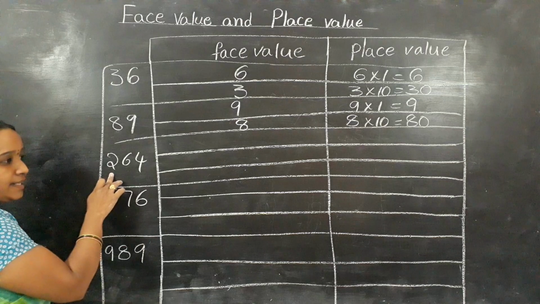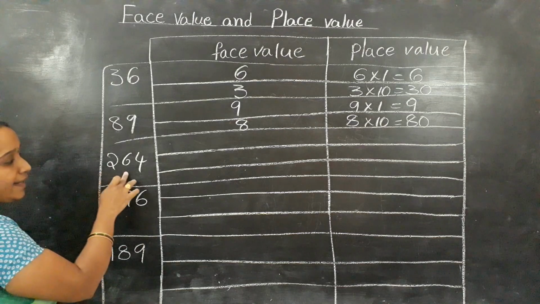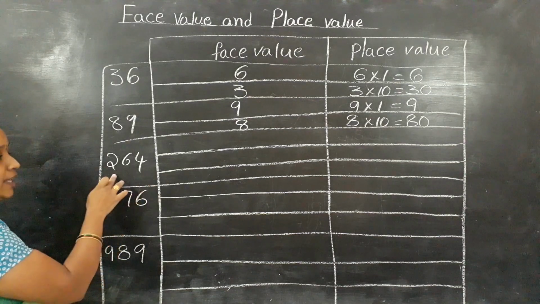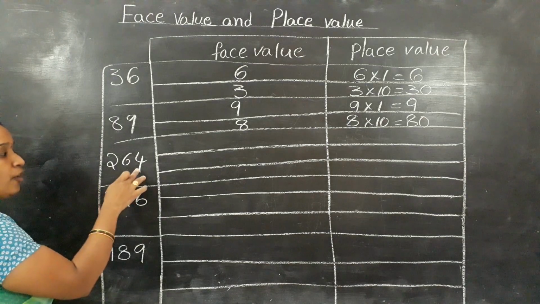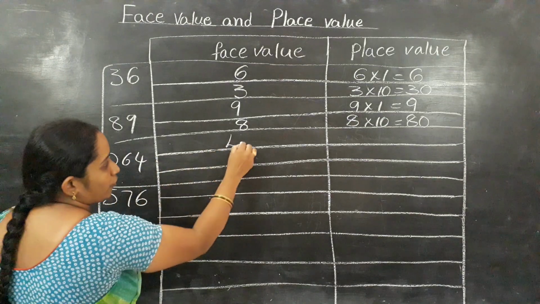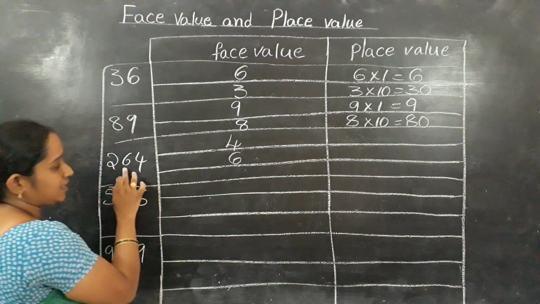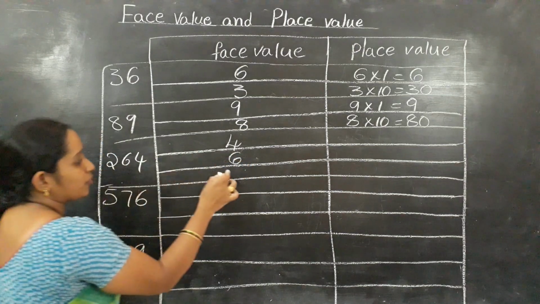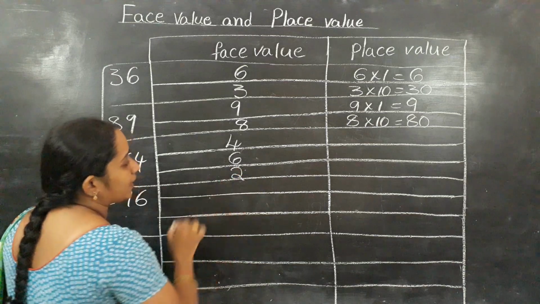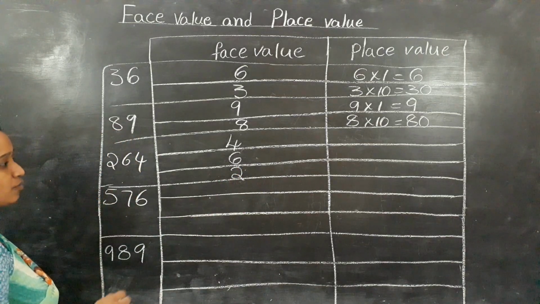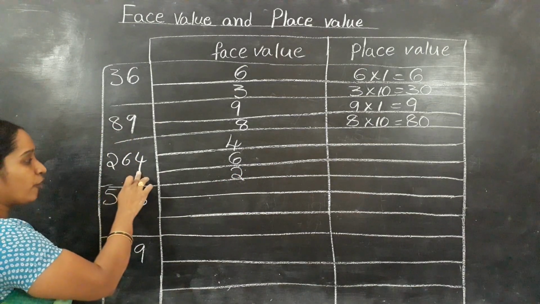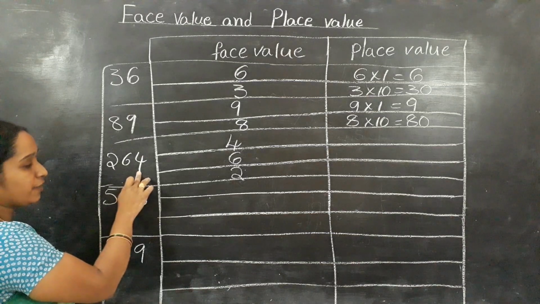Next, this is a 3-digit number, 264. Now tell me the face values first. The face value of 4 is 4. The face value of 6 is 6. The face value of 2 is 2 itself. Now place values. Where is the 4 in 264?